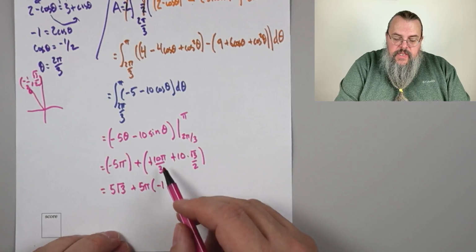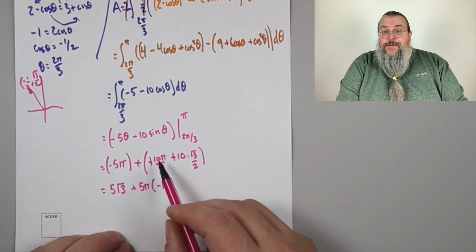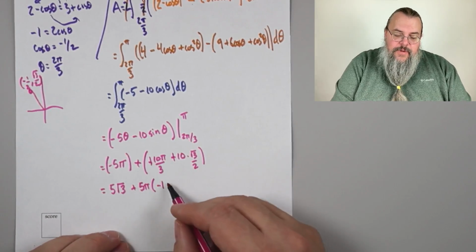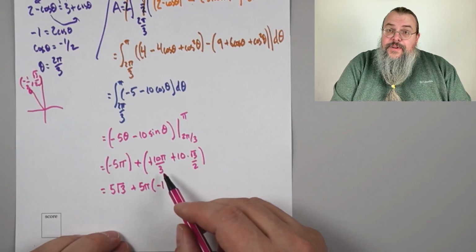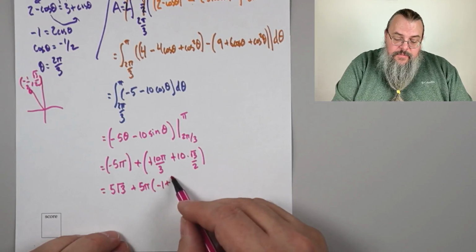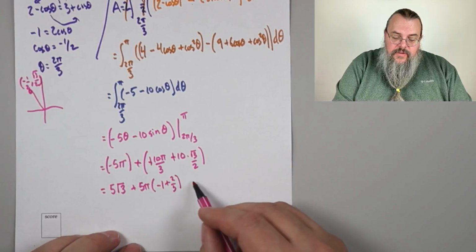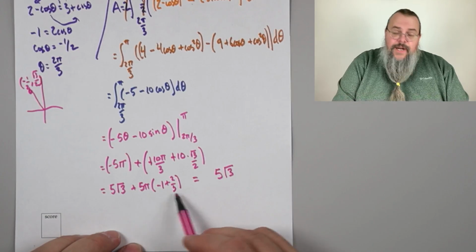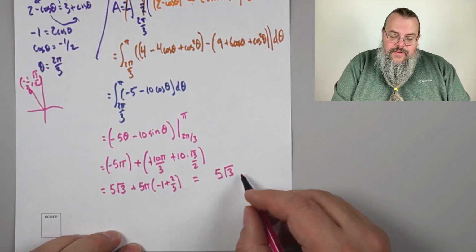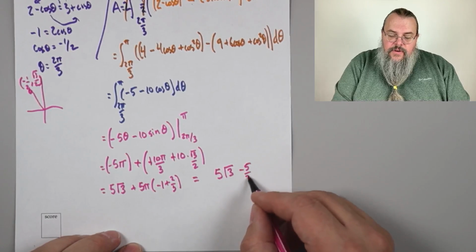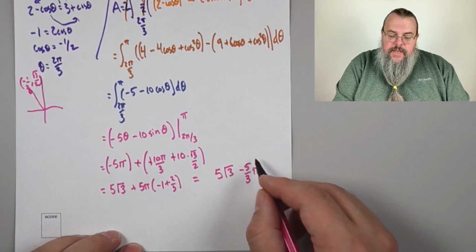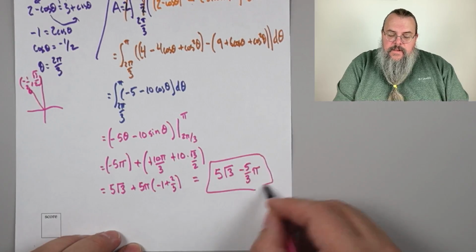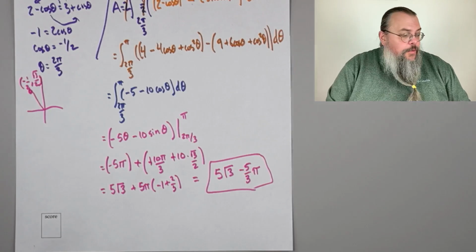And here, what do we have to multiply by? Well, we need to multiply it by 2/3. So minus 1 plus 2/3. And so this gives us a final answer of 5 square root of 3. Minus 1 plus 2/3 is minus 1/3. So minus 5 over 3 times pi. And we're done.